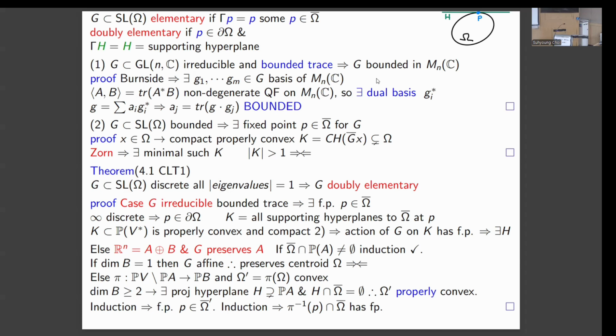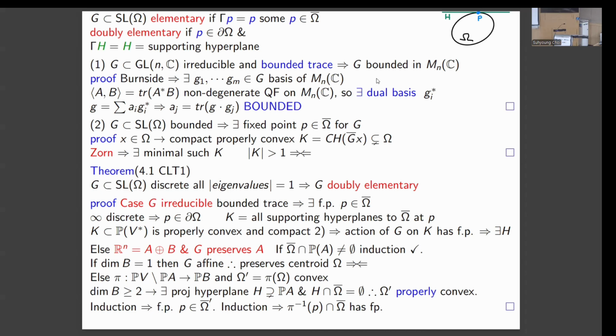It follows from that if you have a bounded subgroup, so if you have a subgroup of projective transformations that preserve omega, and here I'm assuming we've lifted to the special linear group, all these matrices have determinant plus or minus 1, then there's a common fixed point for this group, and that point is in the closure of omega. And the proof is the following.